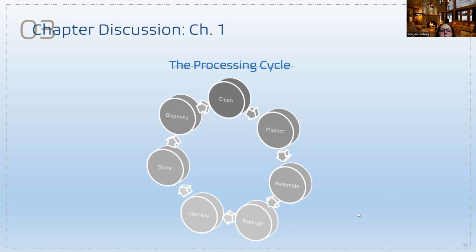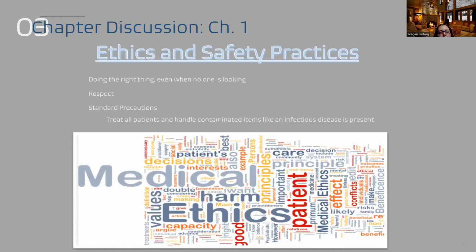So every time you use something, you have to inspect it, make sure it's safe to be reassembled and repackaged every single time, every instrument. So each step of the way here is very important. And that kind of goes with ethics, right? Ethics in sterile processing really is very important, and a lot of people don't realize the importance of sterile processing because they're kind of off to the side.